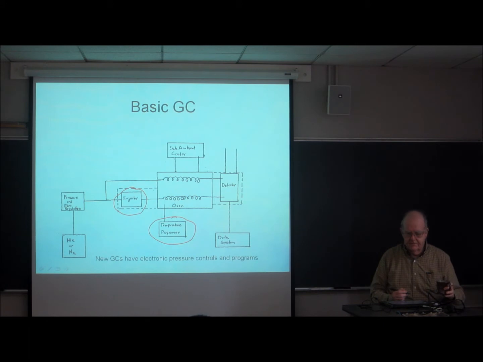And until 5 years ago, that would have been absolutely unequivocal. But the price of helium in the world has gone up tremendously, and so there's really a major switch now to using hydrogen, especially in capillary columns.